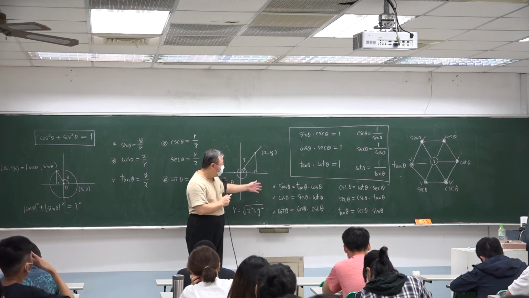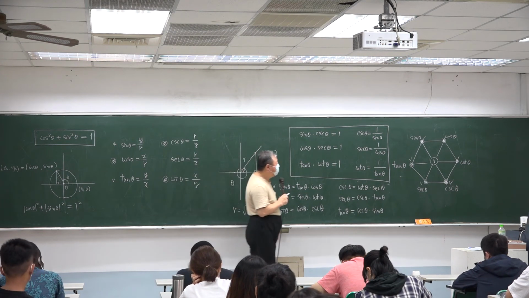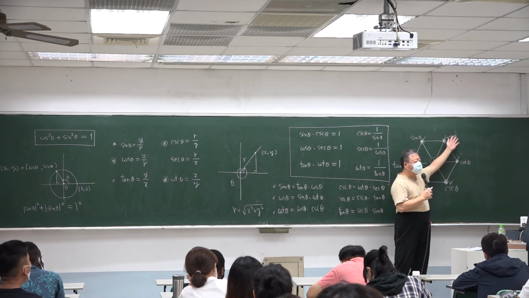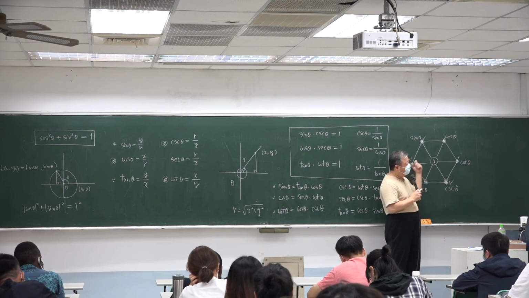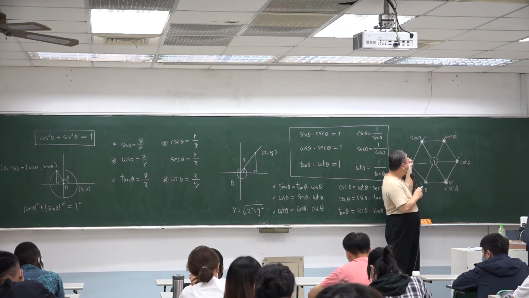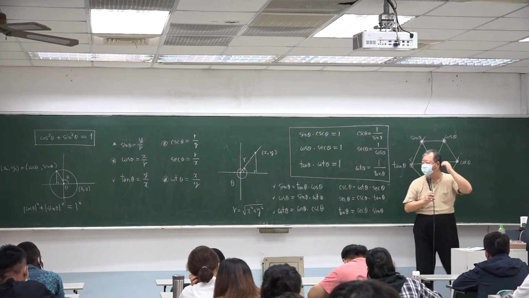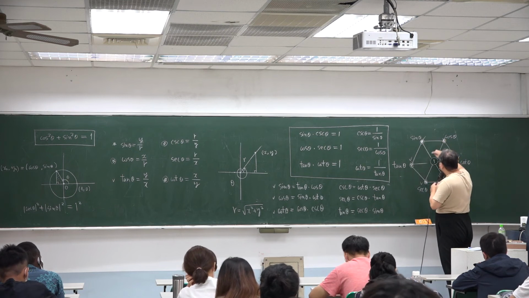This rule can also be read in this way, because the central one is the product of its adjacent ones. So this one is the quotient of this and this. I mean, tangent equals sine over cosine.